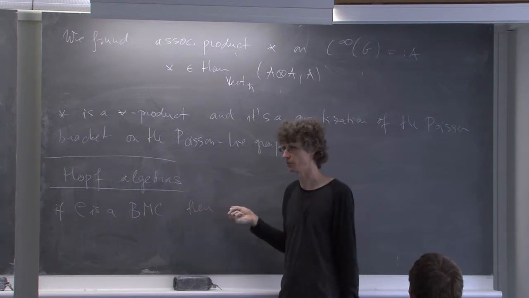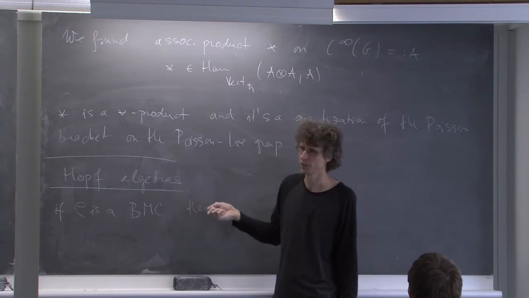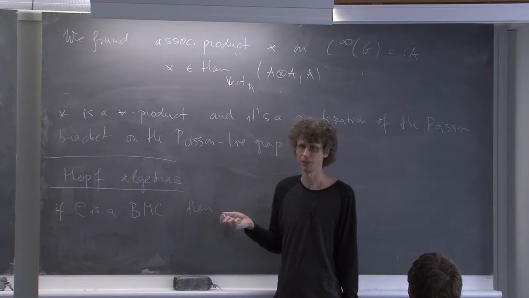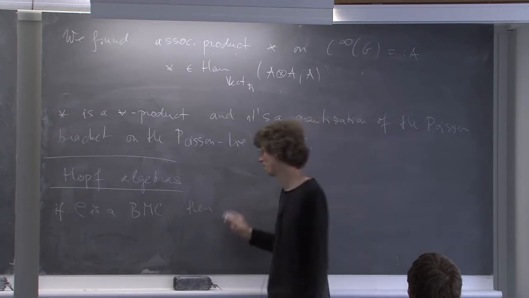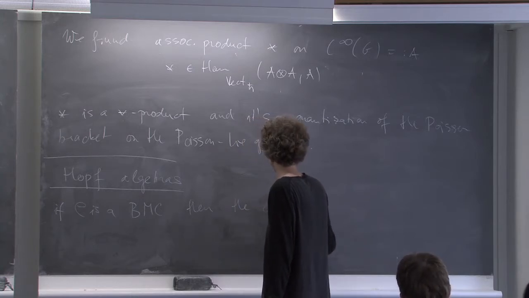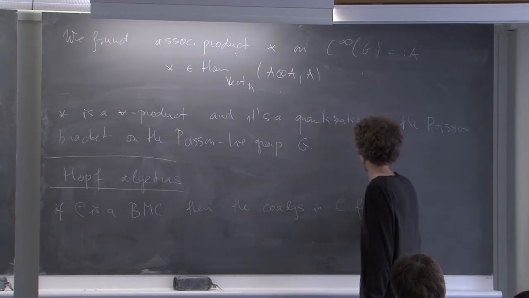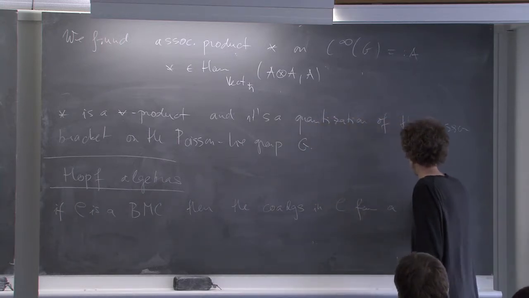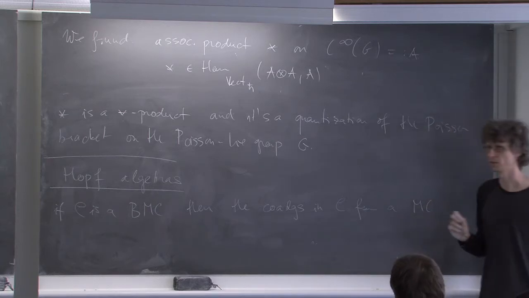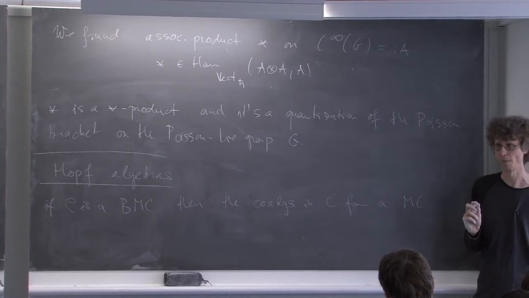We can summarize it by saying that the coalgebras in C form a monoidal category. This category is no longer braided monoidal, it's only monoidal.